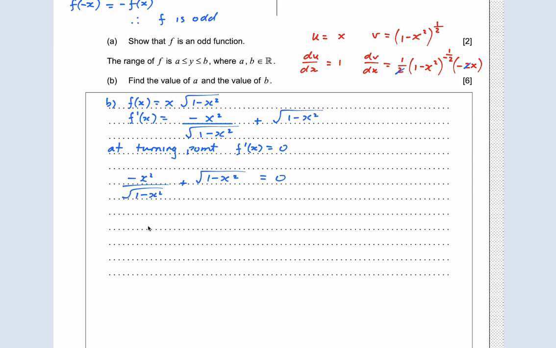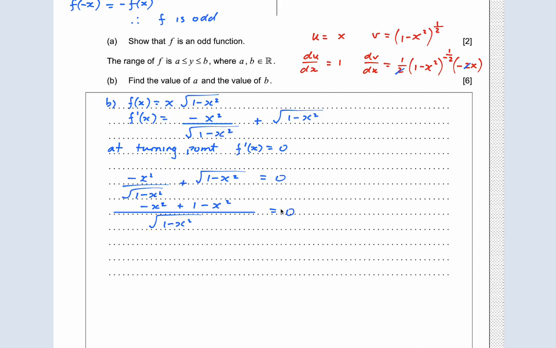Fraction, I'm going to make a common denominator of the square root of 1 minus x squared. And I'm then going to say this is just minus x squared, and this is going to be just this times this, which will remove the square root, so it's just plus 1 minus x squared equals 0.